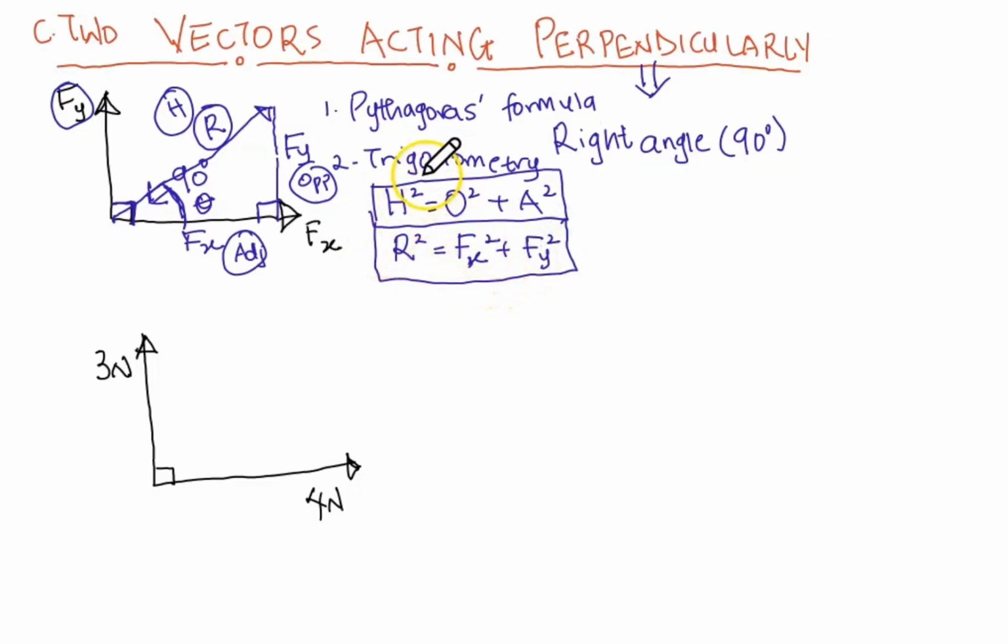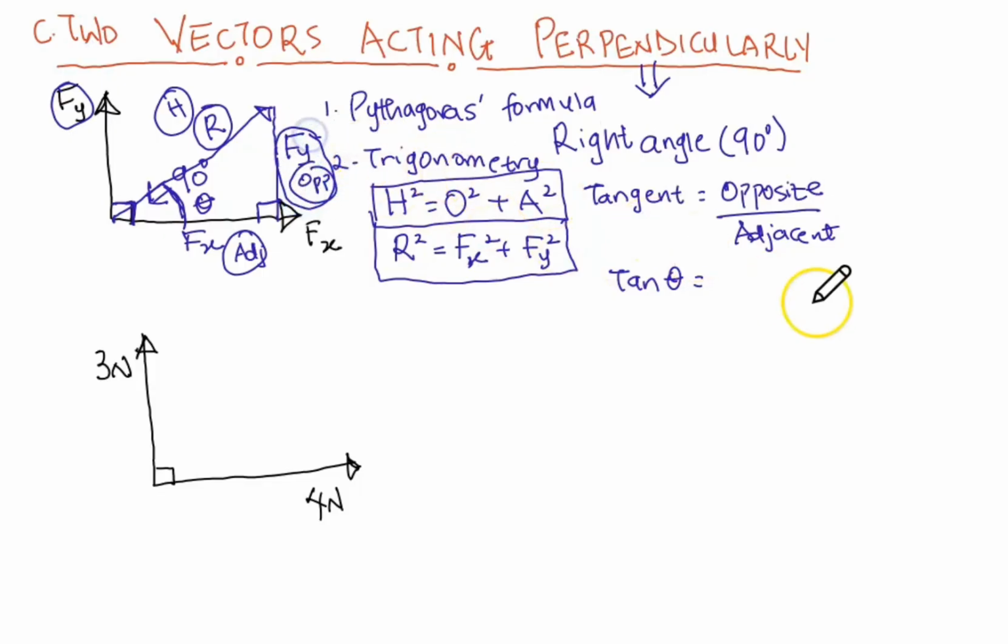Now, in calculating for the trigonometry, we are simply going to apply the concept of tangent. We know that the tangent of an angle is equal to the opposite over the adjacent. So this is the formula for tangent. So tan theta is equal to opposite, and in this case the opposite here is Fy, the force acting along the y-axis.